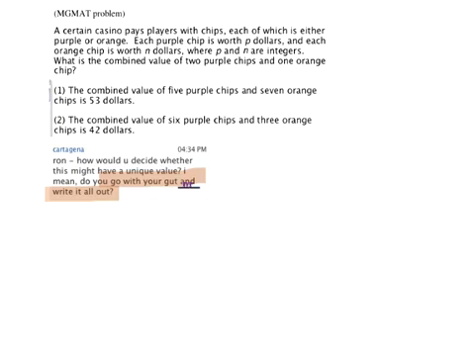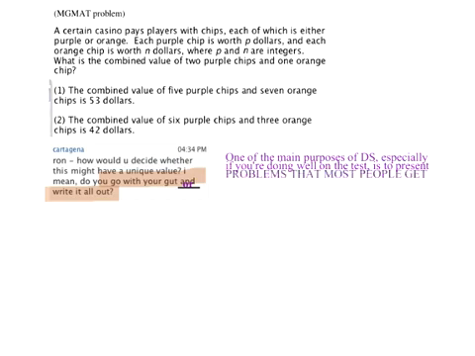Well, remember what the whole point of data sufficiency is, at least what one of the major points is. One of the main purposes of data sufficiency, especially if you are doing well on the test, is to present problems that most people get wrong.